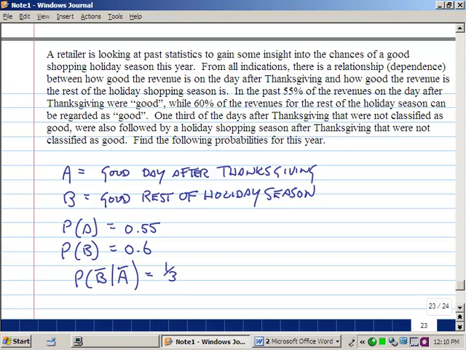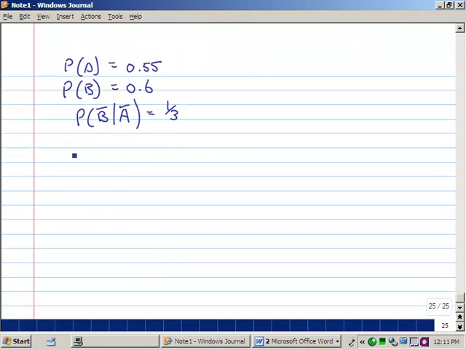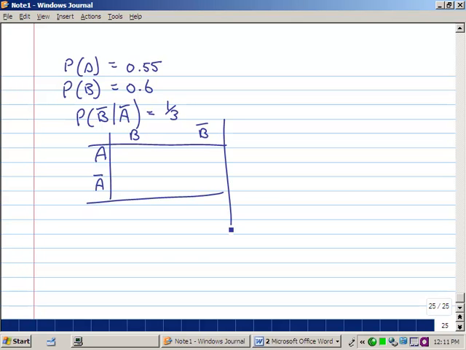On the basis of this information, we make a table. I've copied and pasted that information here so that I can see it while I'm making my table. Probability of A is 0.55, therefore A bar is 0.45. Probability of B is 0.6, therefore B bar is 0.4.